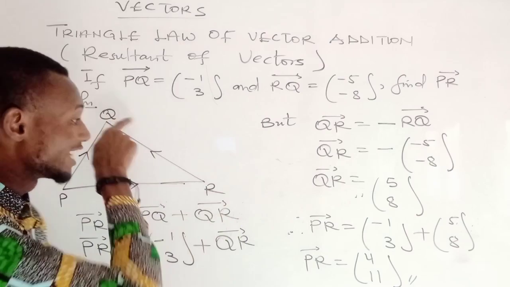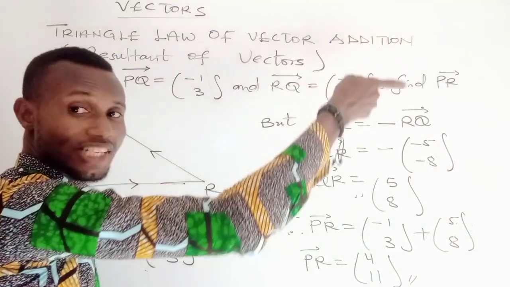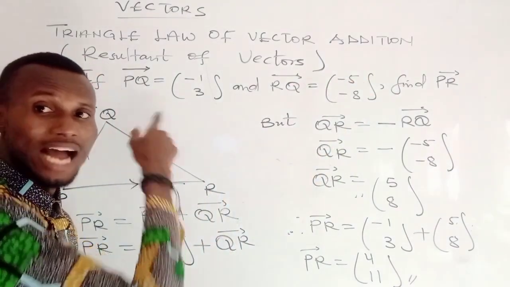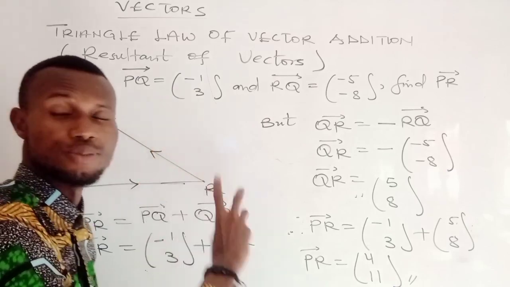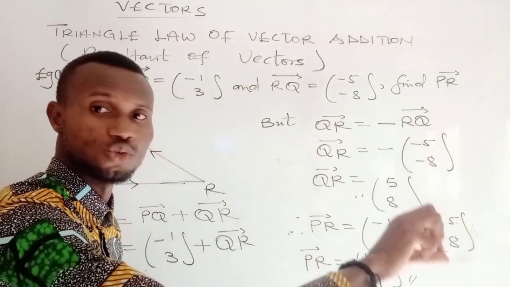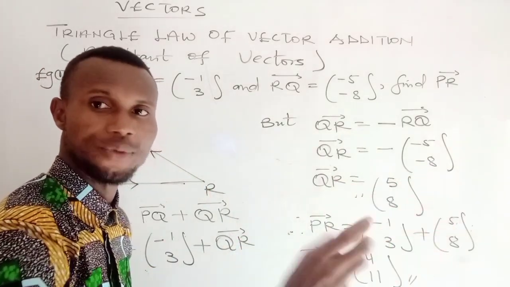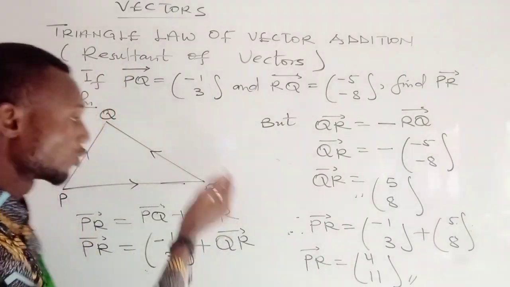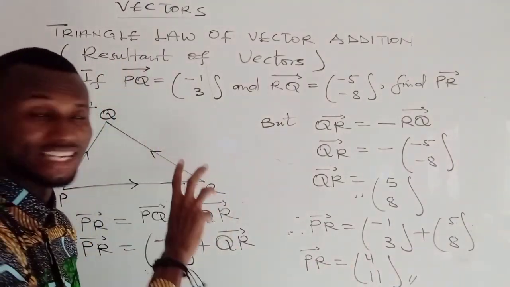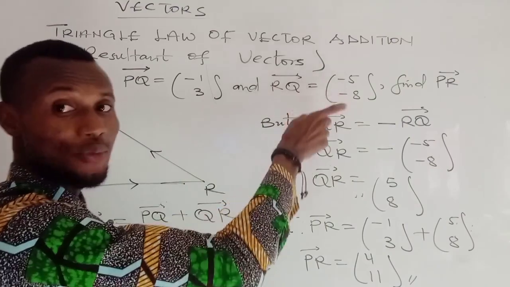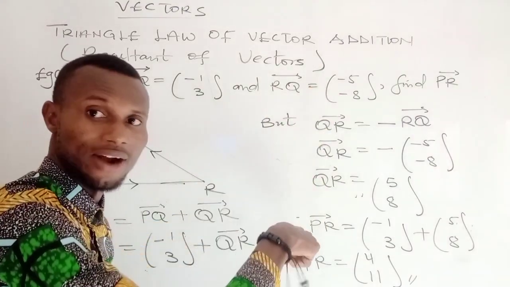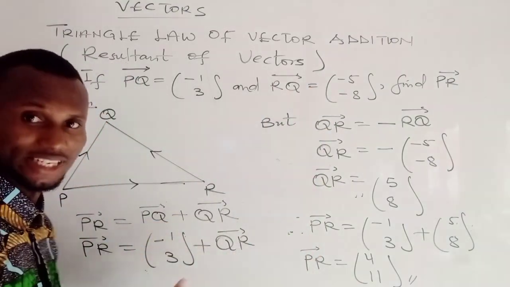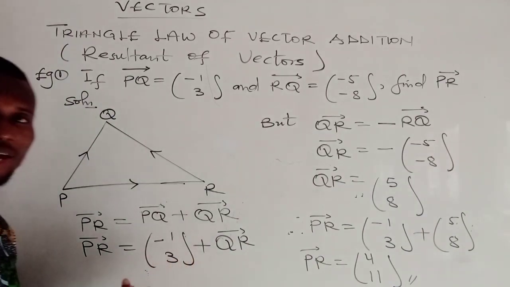So it's supposed to be QR, but from the question we had RQ. How do we change the RQ to be QR? All that we need to do is to negate the RQ. When we negate the RQ, we are going to get the QR. So we negated the RQ that we're given. We're given RQ to be this. When we negate it to give us QR, then we use it to solve the question. That's exactly what we did.